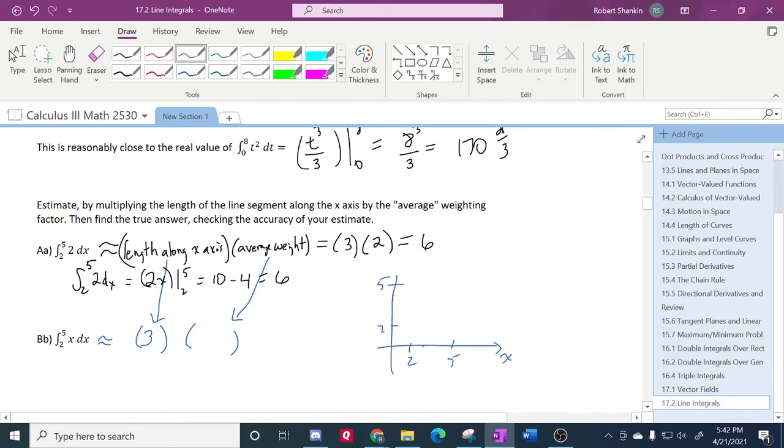This one is a linear function, so we can say the average weight is going to be right halfway in between. 7 divided by 2 is 3.5. That's the average weighting.